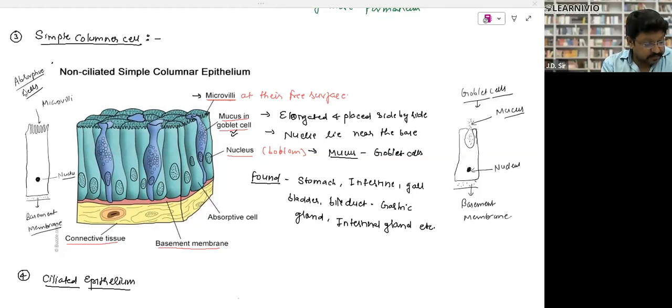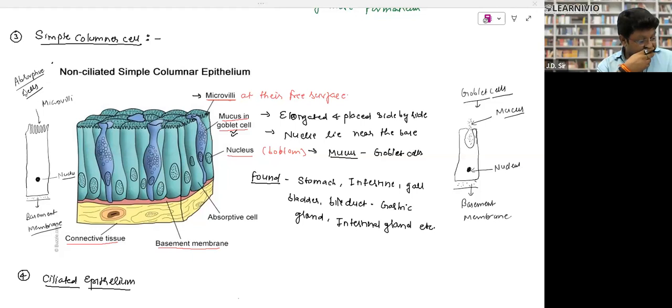Certain cells contain mucus and are called goblet cells. Full stop.